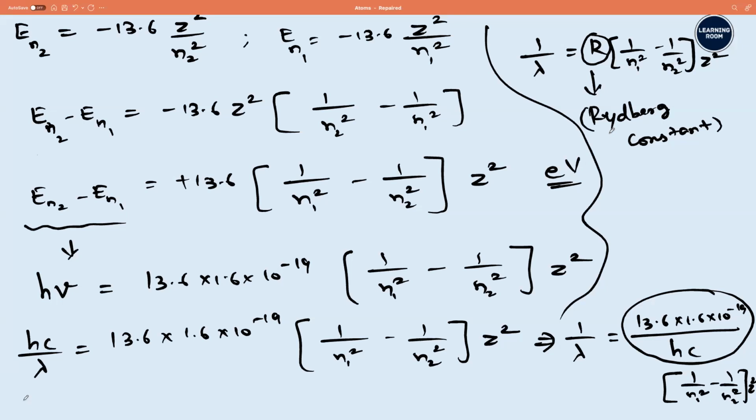You have heard this term? The Rydberg constant is given by the value 1.097 into 10 power 7 meter inverse, and this formula is used to calculate the wave number. 1 by lambda is wave number, to calculate the wave number when an electron transits between two different orbits.